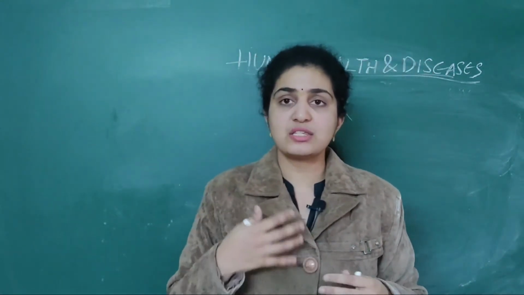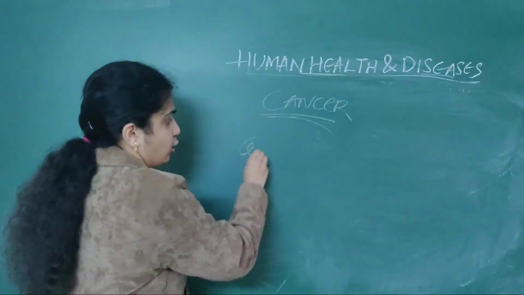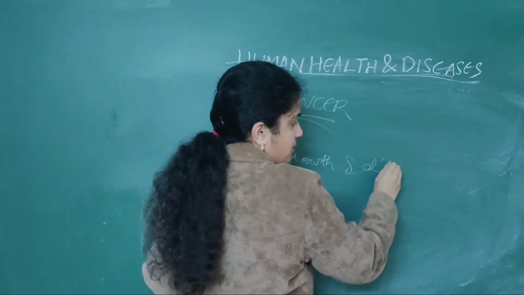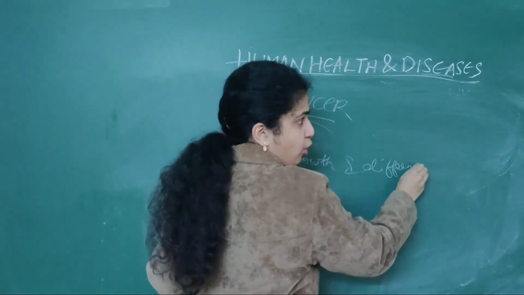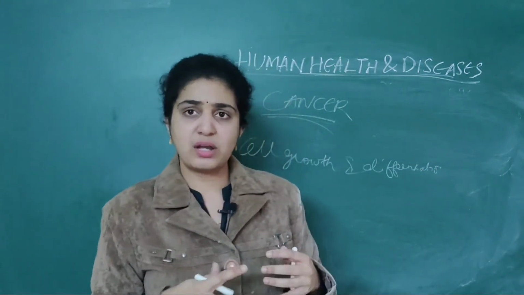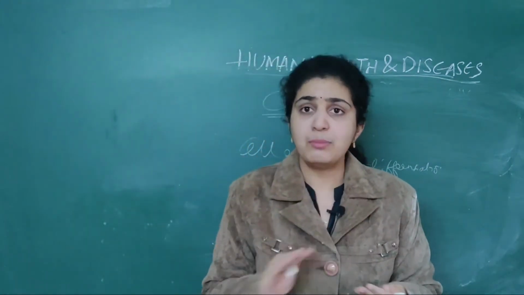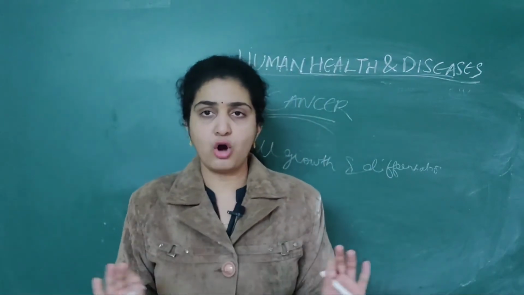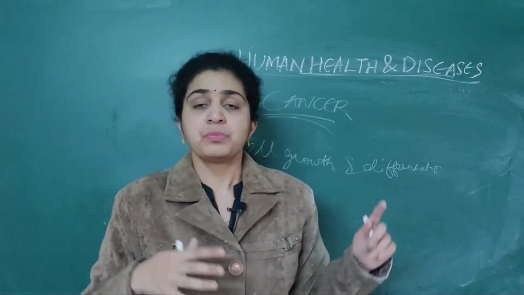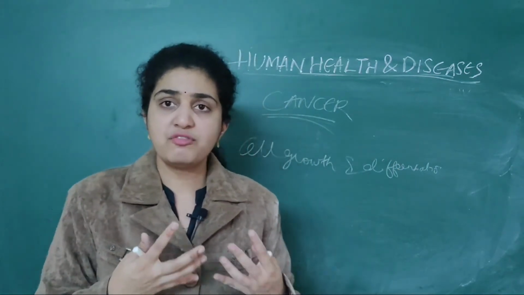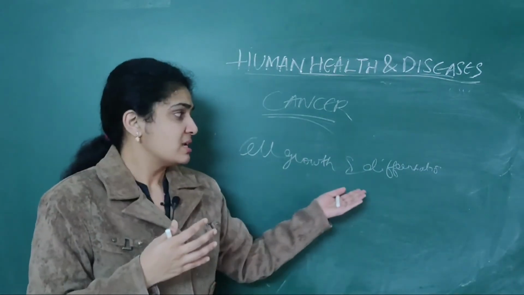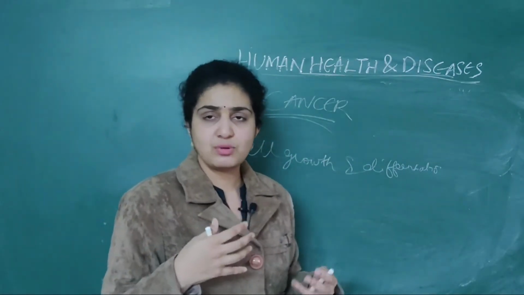Cells will not divide very frequently, and cell growth also is very much controlled in our body in normal cases. But when you are met with cancer, the cells will proliferate very rapidly. Cell growth and full differentiation of cells will take place.